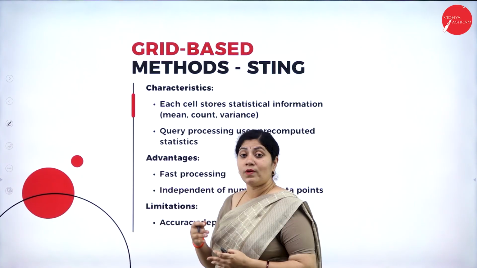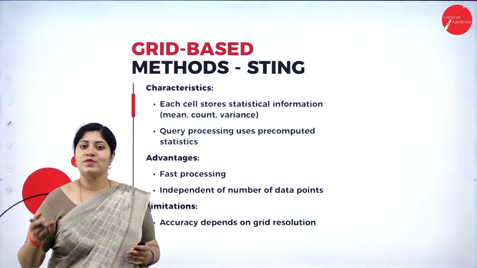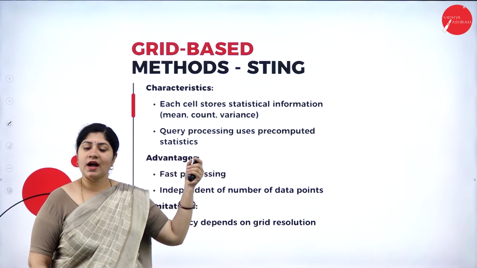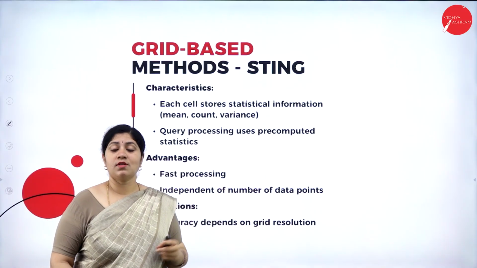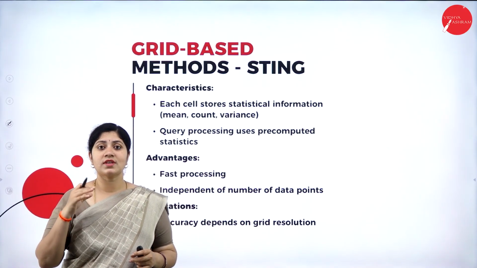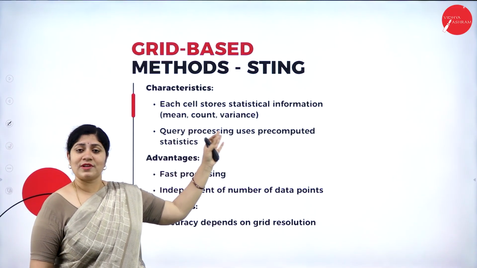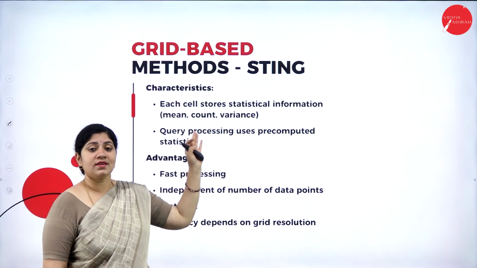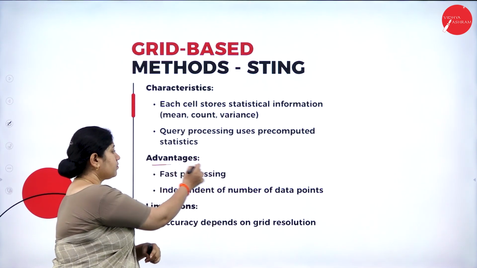Alright, now let's move forward and understand a few of the characteristics of STING. The query processing under STING uses pre-computed statistical values, and each cell will store statistical information like mean, value, count, as well as the variance values. So that's the characteristics. Let's move ahead with the advantages.